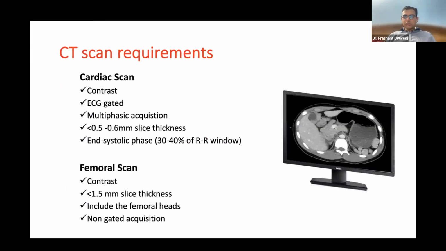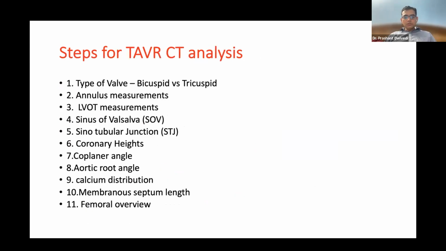I'm not going into detail about the CT scan requirement. These are the steps for the TAVR CT analysis. First, we need to understand whether the valve is bicuspid or tricuspid, as Dr. Ritu has already mentioned. Then we need to understand the annulus and define the measurement of the annulus, because this is the most important part during any TAVR procedure. It gives us an idea what size of the valve we are going to implant, and all the measurements are affected by the annulus measurement.